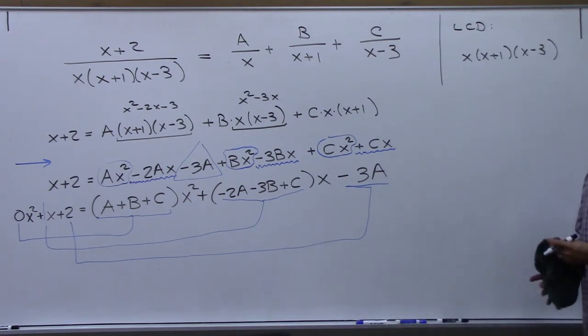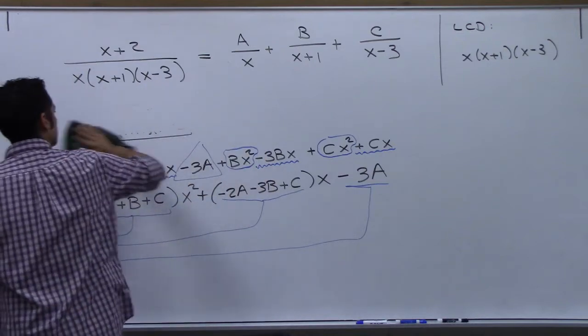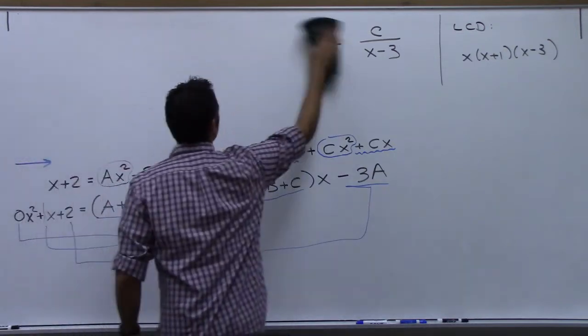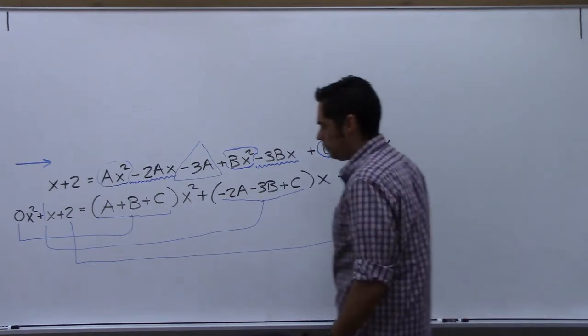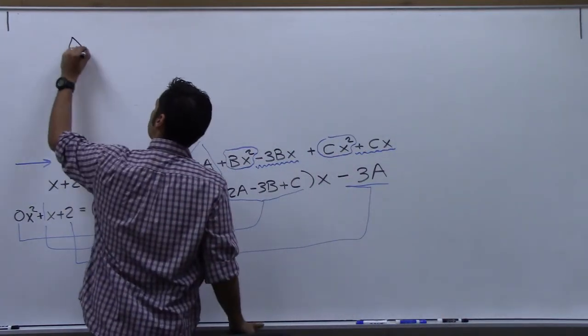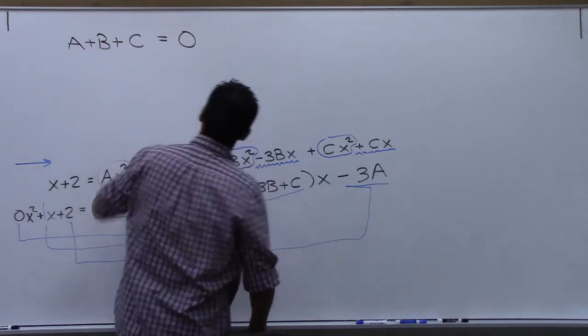I'm going to put that into a system of equations. I'm going to have 3 equations, 3 unknowns. A plus b plus c must be 0. That's my first equation.